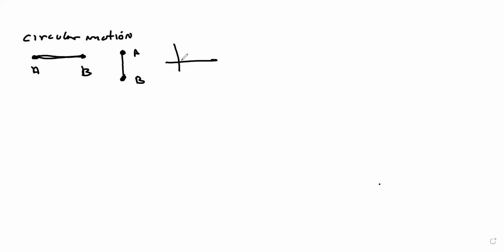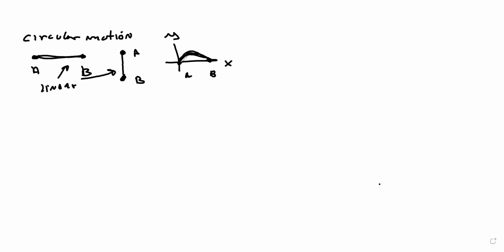Or you can move in 2 dimensions like this. This could be X and this could be Y. So you go from point A to point B, and this would be motion in 2 dimensions. This would be linear motion, and this one too is linear motion, but vertically.